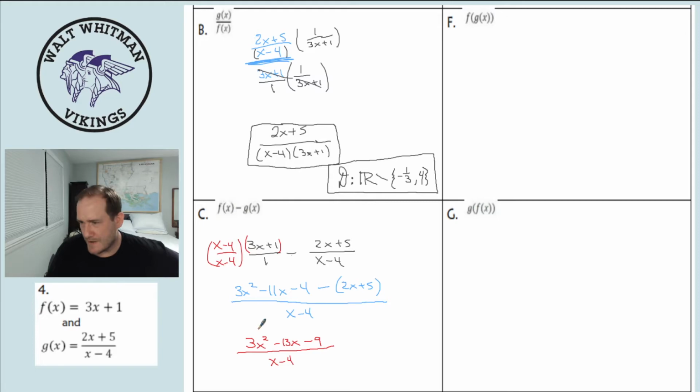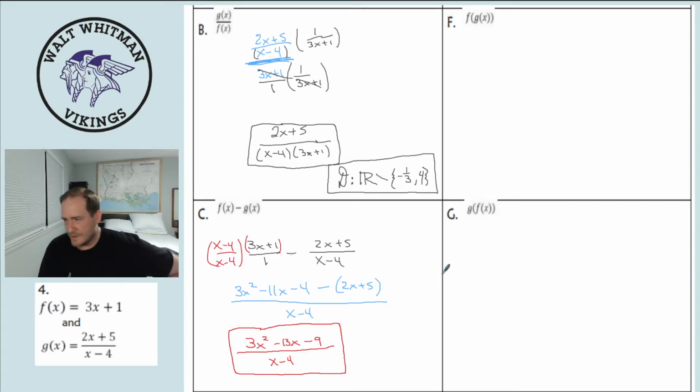And my heart tells me that numerator cannot be factored. But let's just exhaust every avenue. We're going to go 3 times negative 9 for negative 27. That means we've got a 1 and a negative 27. That's not doing it. 3 and a 9. I think that's literally it, right?